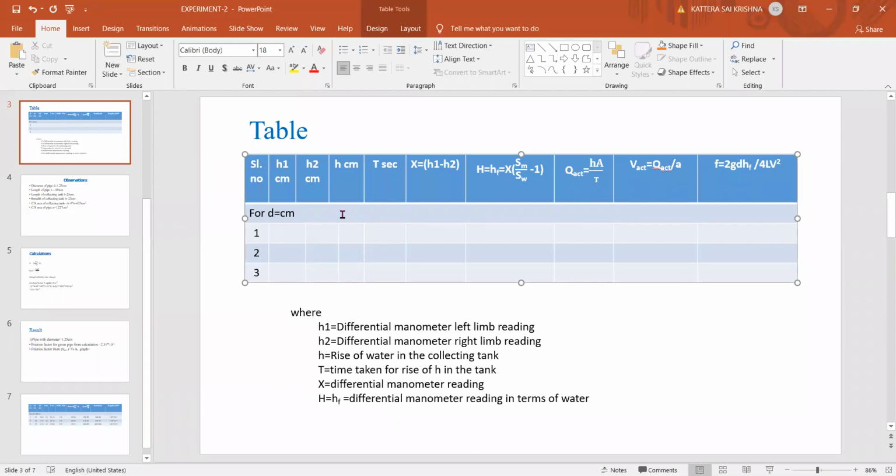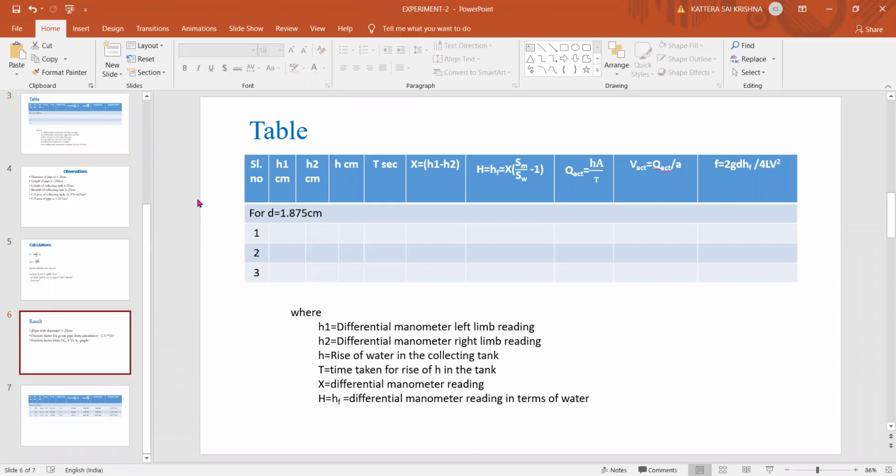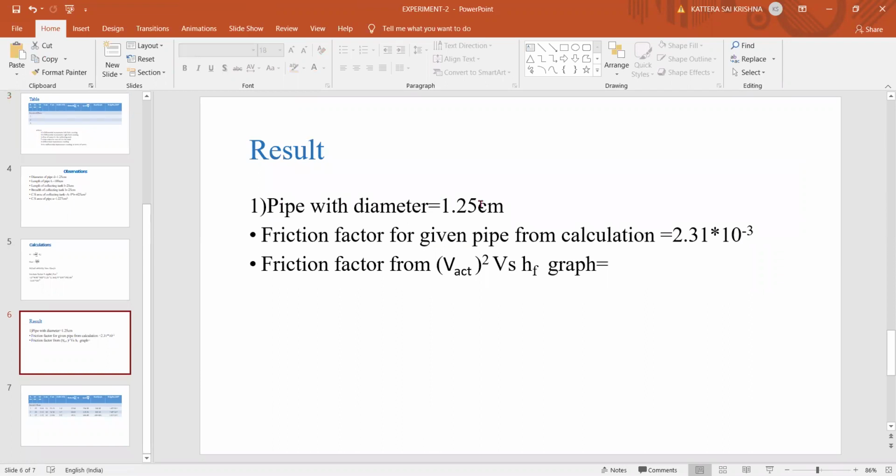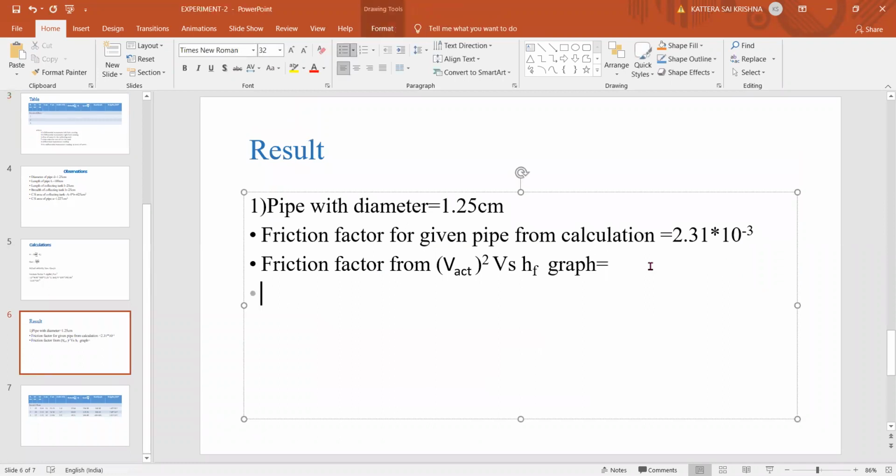After the first three, again you draw one line here and now keep diameter D equal to 1.875 centimeter for the second pipe. Again, we need 3 readings of this. For 2 pipes we are calculating, so in result also, that's why I kept here. For the first pipe with the diameter 1.25, the friction factor value is this one from the calculation from the graph. Next, similarly, we need to write for the second one.